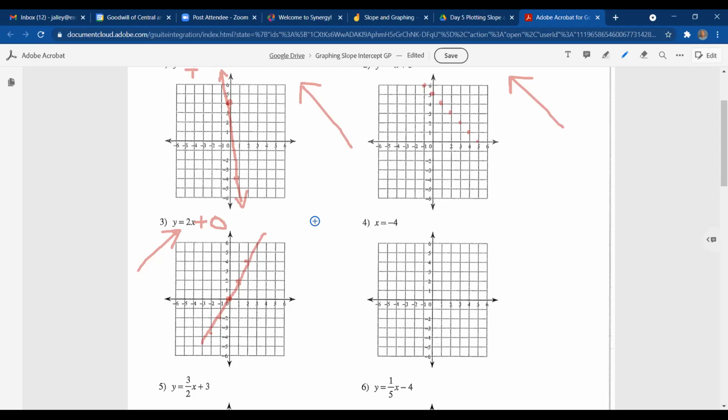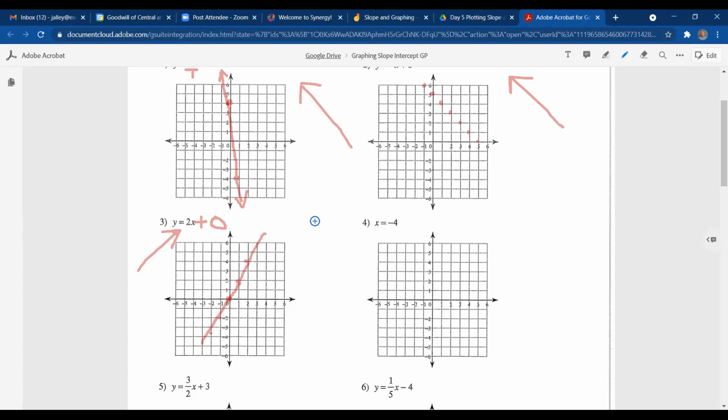Now, what do you notice about problem number 4 here? Yes, x equals -4. You could, but it doesn't really help you. What happened to y? Where's y? So if there's no y in the equation, what does that tell you about this line?